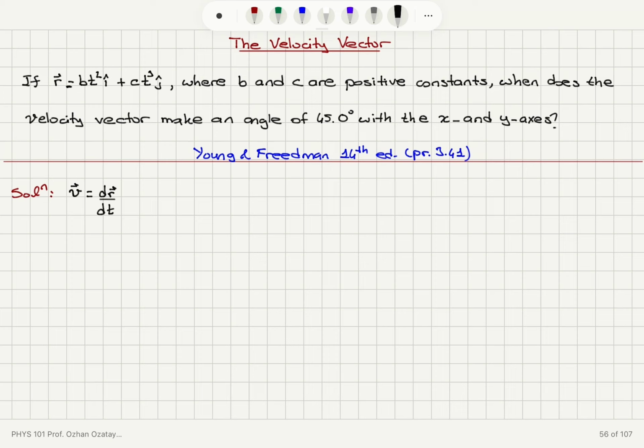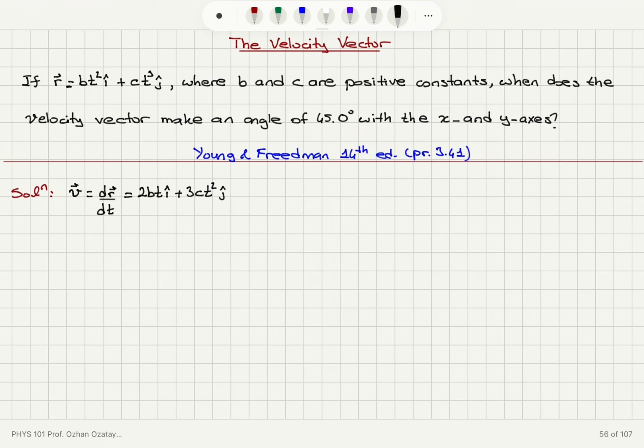It's dr/dt. And when I take this derivative, I obtain bt square becomes 2bt i hat, and ct cube becomes 3ct square, so plus 3ct square j hat. And what I would like to have is an angle of 45 degrees with both x and y axes.